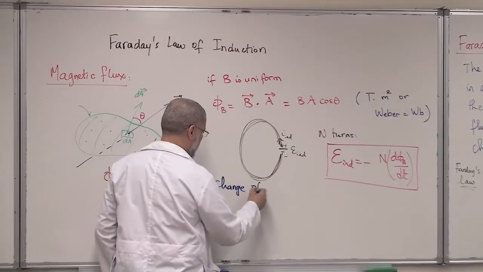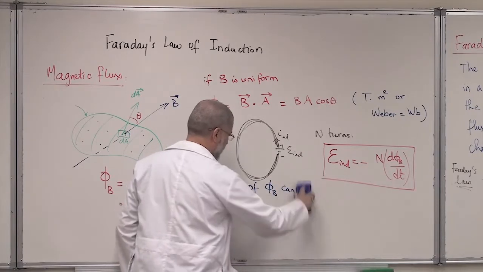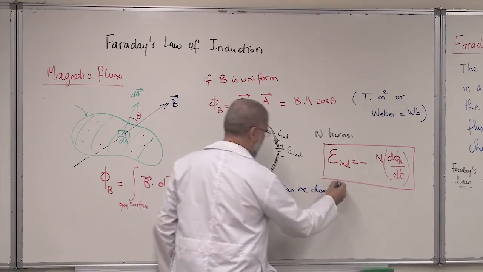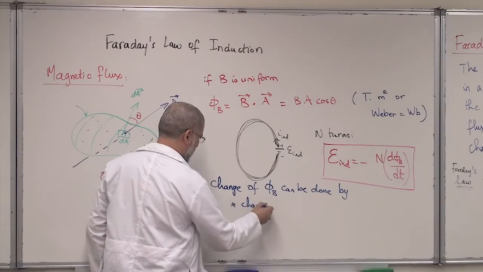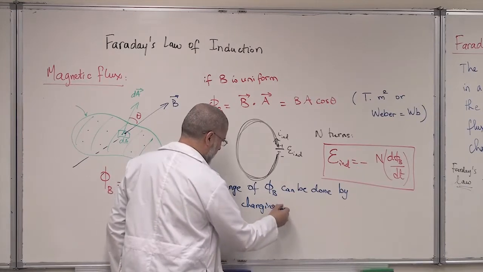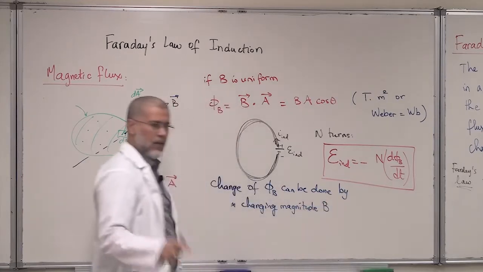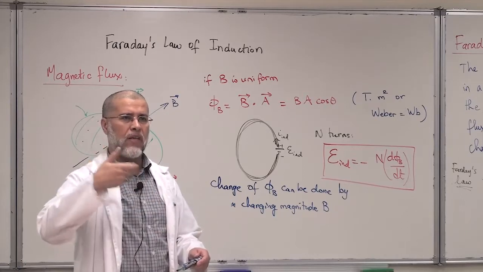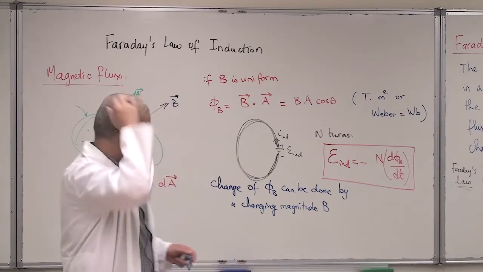The change of phi B can be done by, first of all, changing B, the magnitude of B. Remember in the previous video, we talked about the change in magnitude of B when Faraday was moving his magnet back and forth.